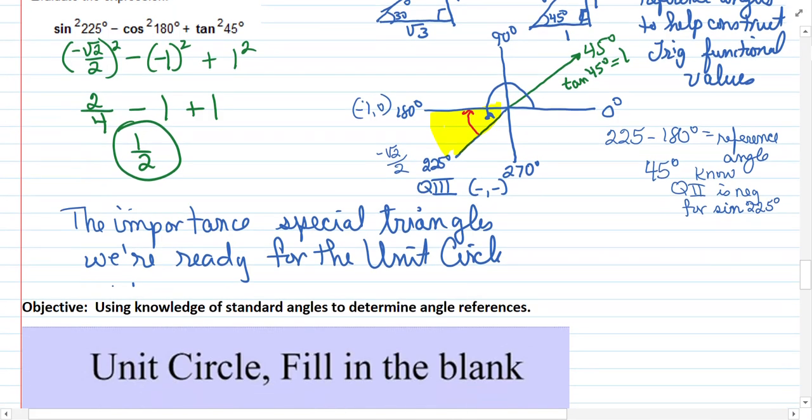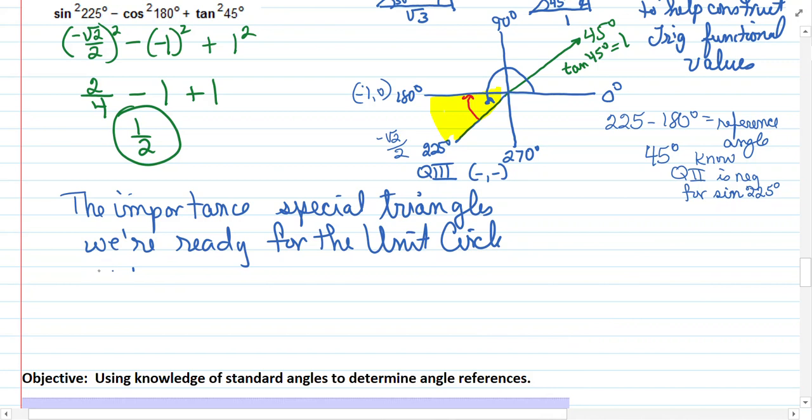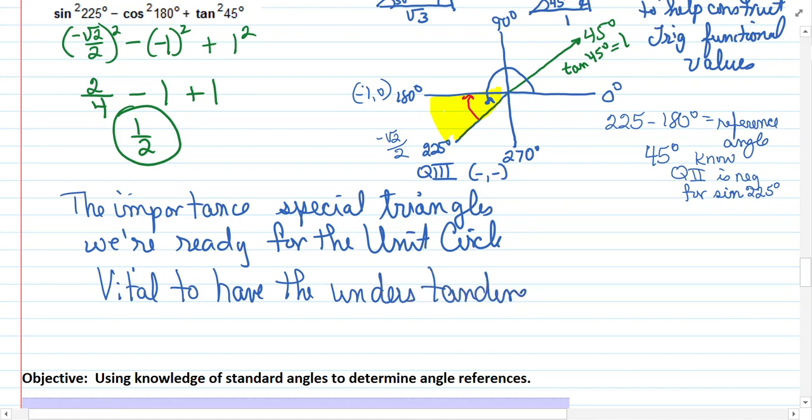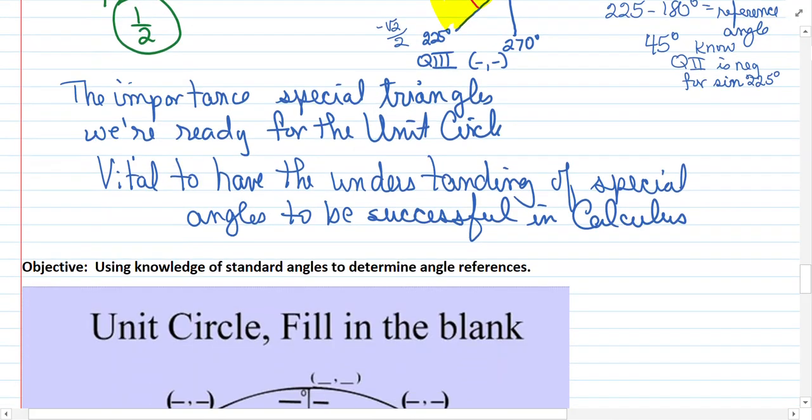It is vital to have understanding of the special angles to be successful in calculus. All right, so here we go.